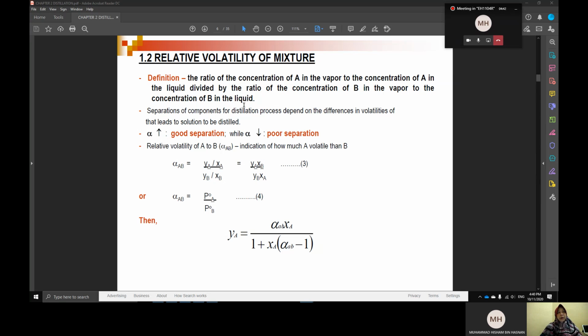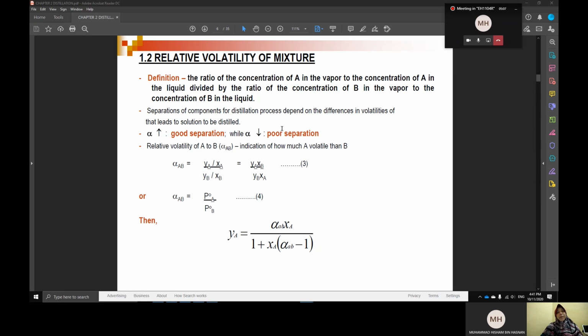Because when we talk about a distillation process, it involves liquid and vapor, the contact between liquid and the vapor. And we are talking about a mixture. Let's say we are dealing with a binary mixture, which means you have A component and B component only.